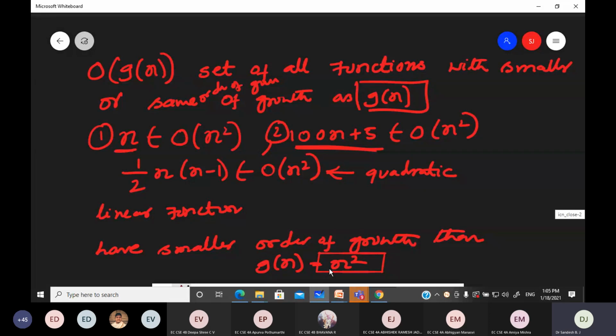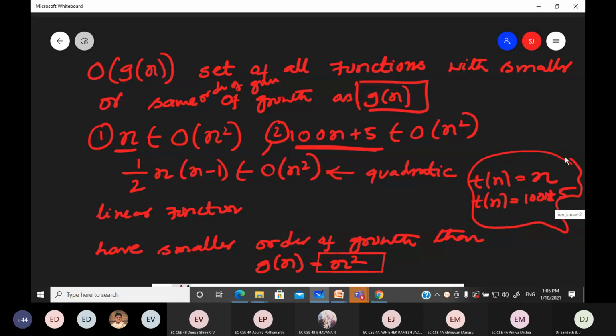It is giving some sort of upper bound. If you say t of n is n or 100n plus 5, then these functions have smaller order of growth than g of n, which is equal to n square.